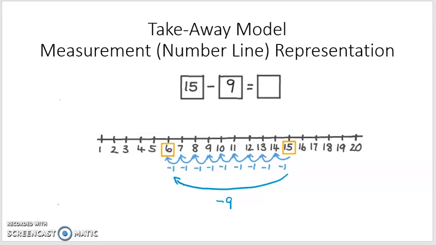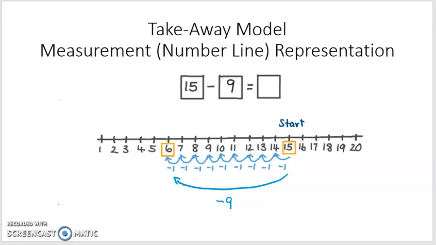All right, so 15 minus 9, what you do with the takeaway model representation of that is you start at 15. So 15 is your starting point right here. I'm going to start at 15, and I'm going to go back 9 steps. You could take them one at a time, 1, 2, 3, go back 9 steps.